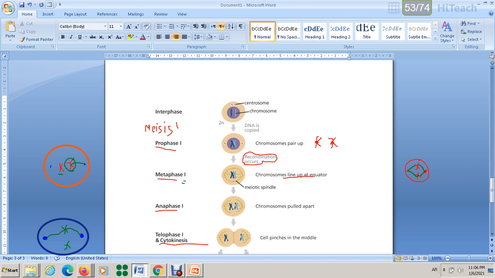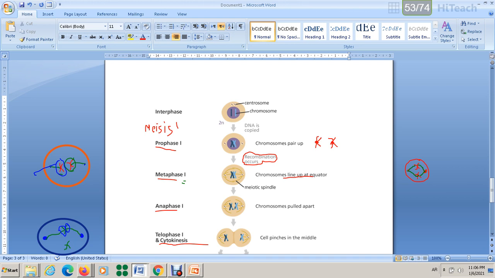But look at the spindle fiber here, it will connect with this whole chromosome. Can you see the difference now between them? But here, a spindle fiber from here and a spindle fiber from here, this one is connected with this chromatid, and this one with this chromatid. Got it? To be separated. Here they will separate the whole chromosome, as you see.